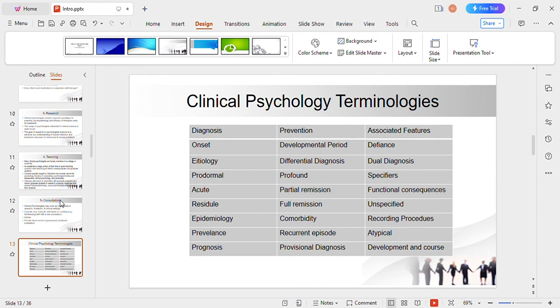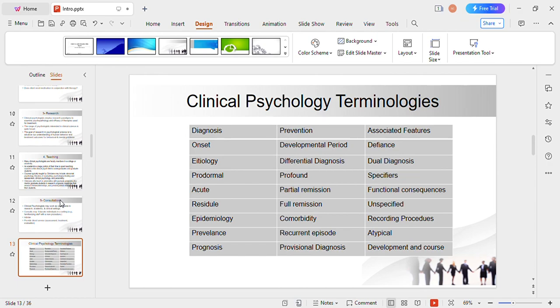The next one is functional consequences. It represents how a person's functioning or day-to-day living is affected due to a particular issue, reason, or disease. Even unspecified, when you are not sure which type this is and what category you should give to something, it is known as unspecified.